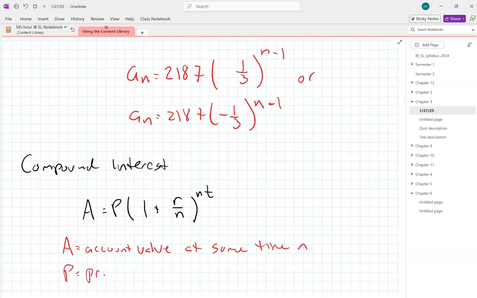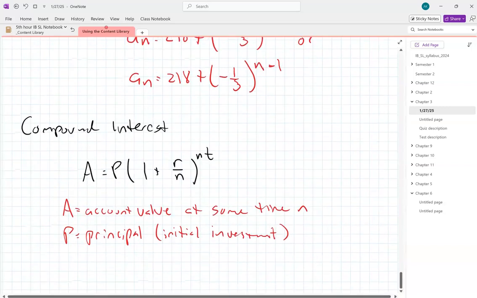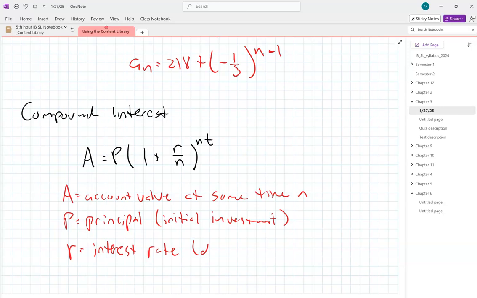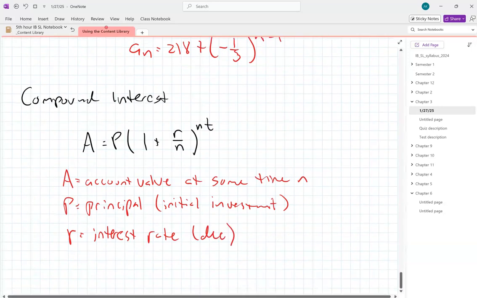P is the principal or the initial investment. R is the interest rate written as a decimal. So if it's a 10% interest rate, you have to write it as 0.1.